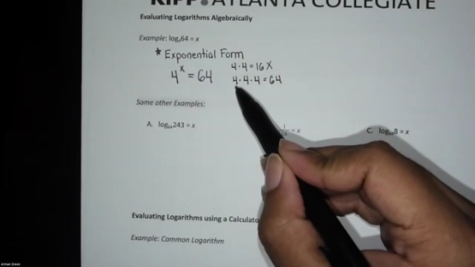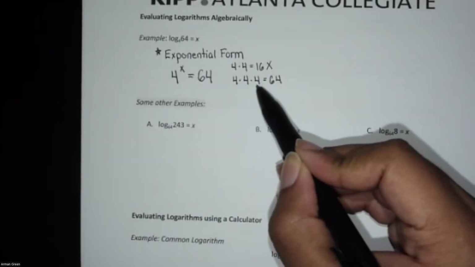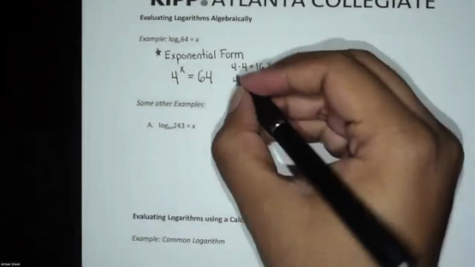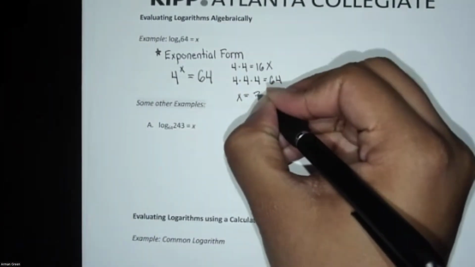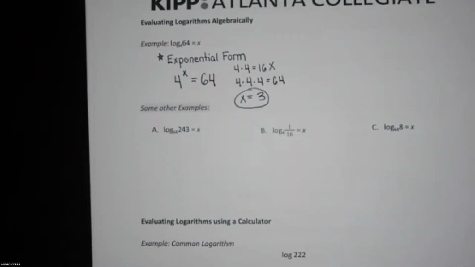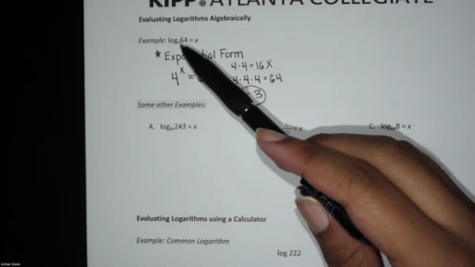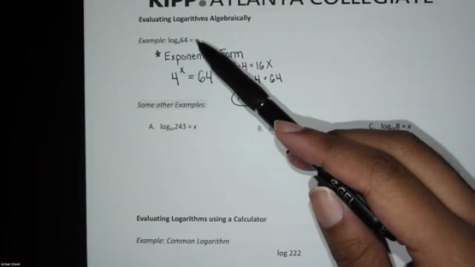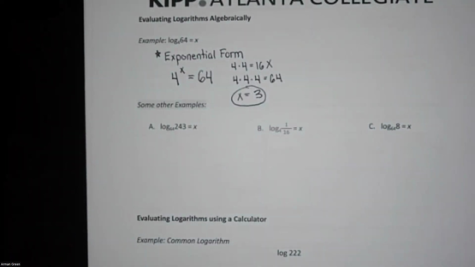So I multiplied 4 by itself 3 times. This tells me that my exponent is 3. So in other words, log base 4 of 64 is equal to 3.